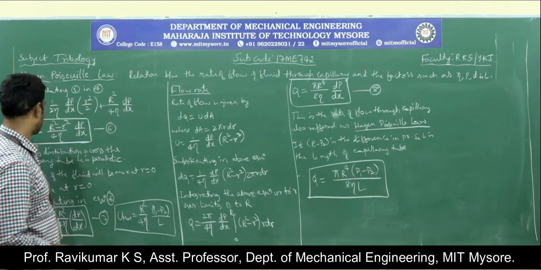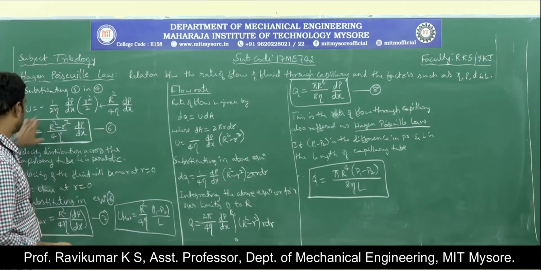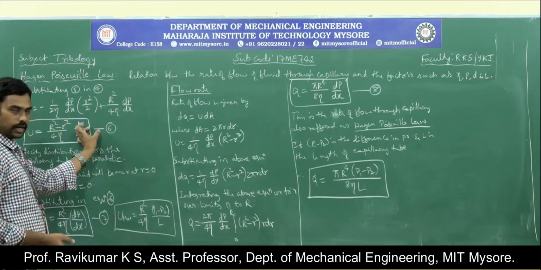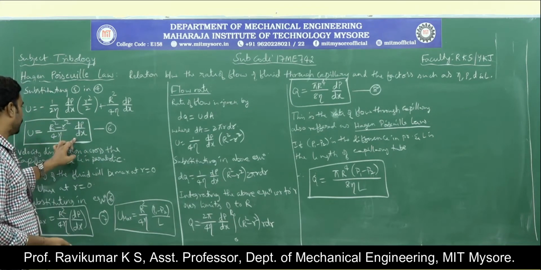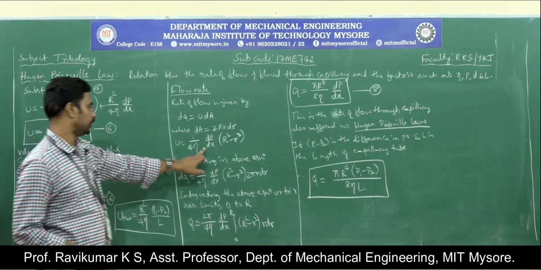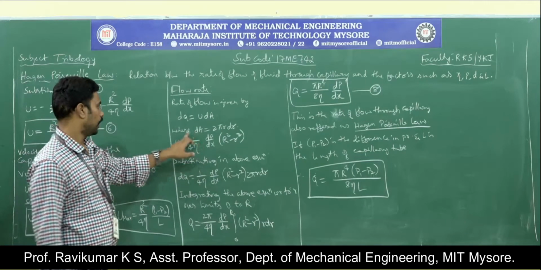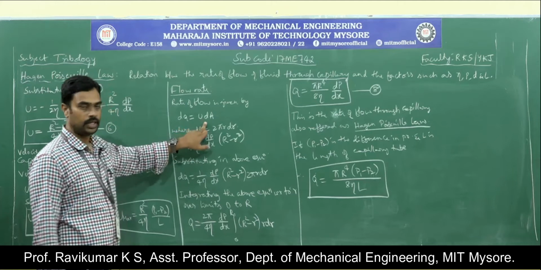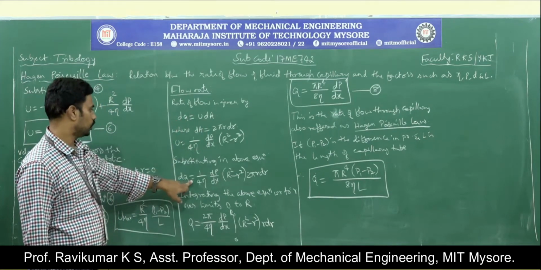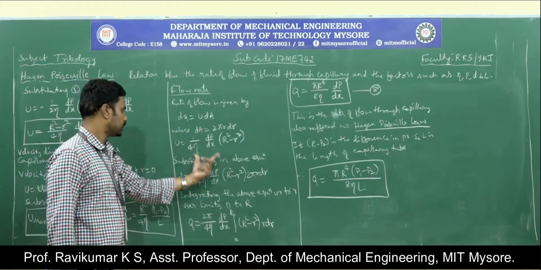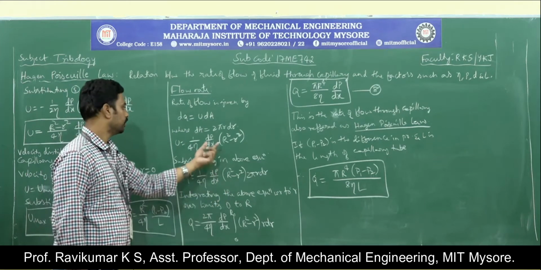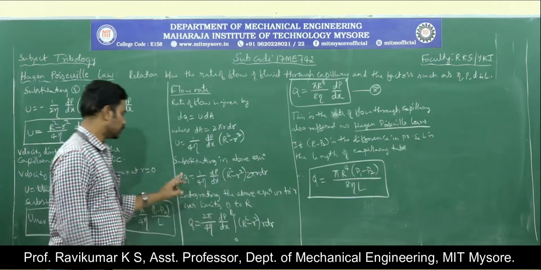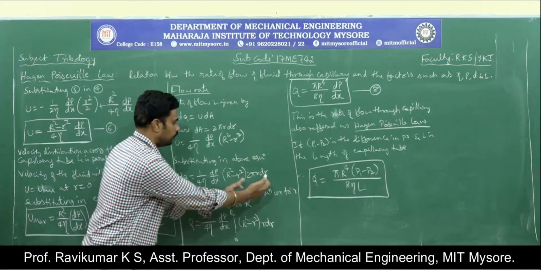That is u, and dA is this one. So substitute for u and dA here. dq is equal to u into dA.